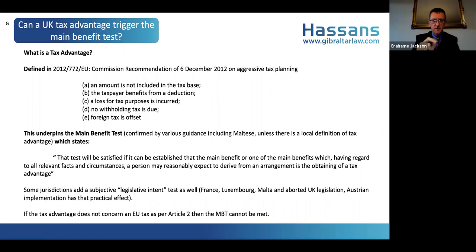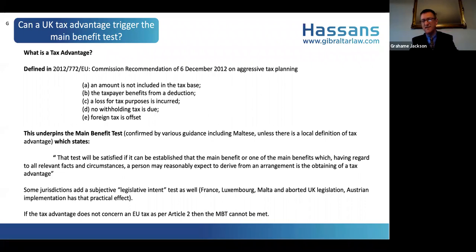Sometimes, like I said, there is a local definition, but they're mostly variations on that. So the main benefit test itself, to use the exact language, is that the test will be satisfied if it can be established that the main benefit or one of the main benefits, which having regard to all relevant facts and circumstances, a person may reasonably expect to derive from an arrangement, is the obtaining of a tax advantage. Now that is not about intention, it is simply about effect.